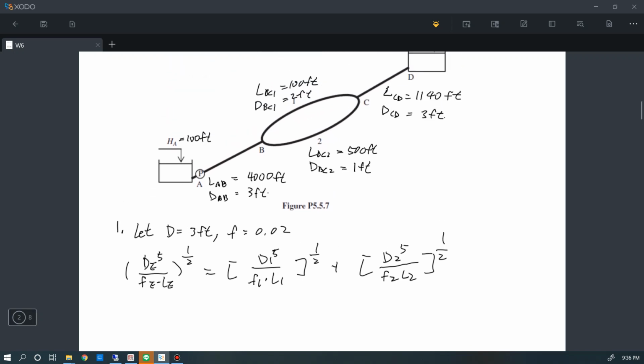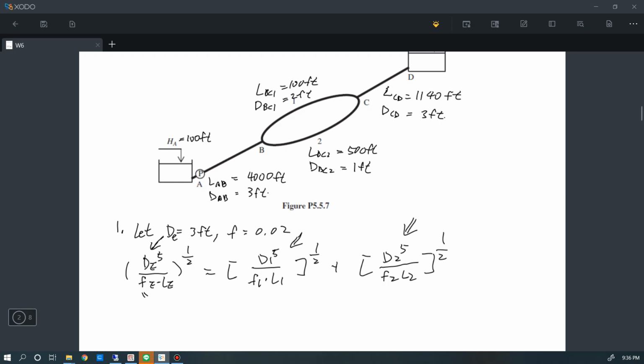So we just put the information for branch 1 here and put the information for branch 2 here. And because we assumed that the diameter for the equivalent pipe is equal to 3 feet, this number is put here, and also the factor F is assumed to be the same as the rest of the pipeline.